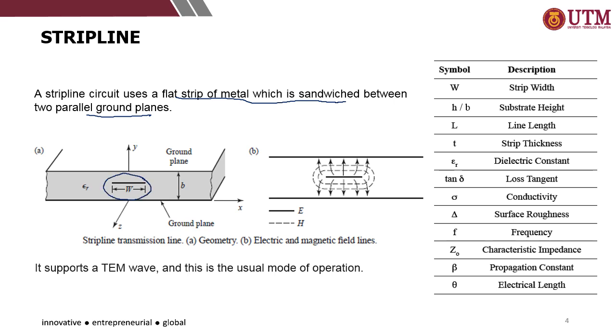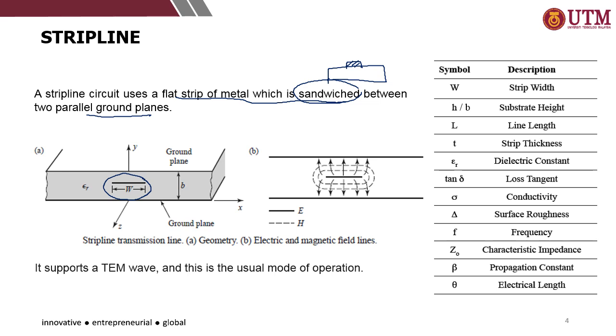In comparison to the microstrip, where the conductor is placed on top, for strip line the metal strip is sandwiched in between two parallel ground planes. The tables on the right hand side show some of the notation and symbols that you are going to deal with in the strip line and microstrip line analysis.